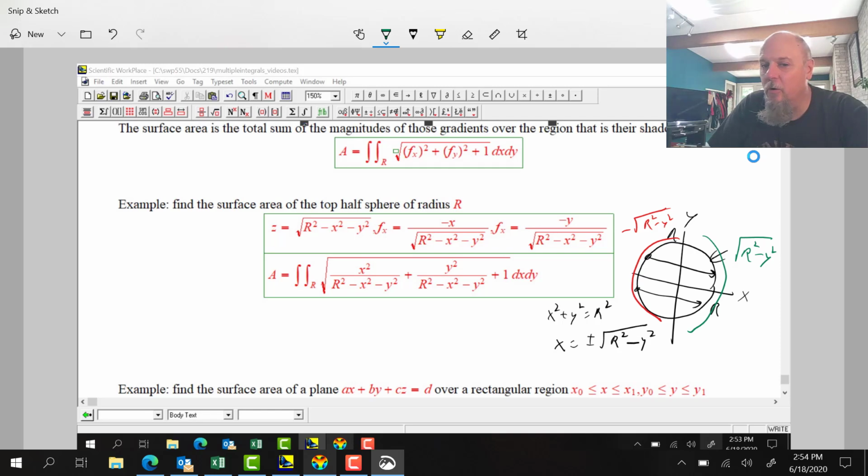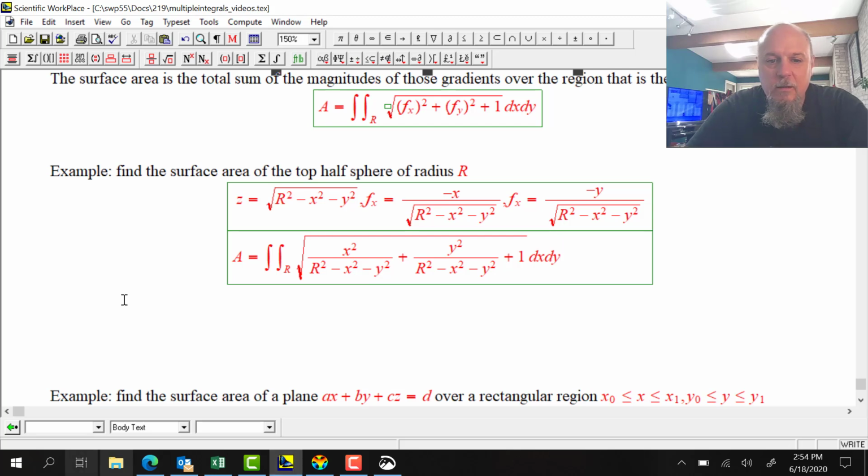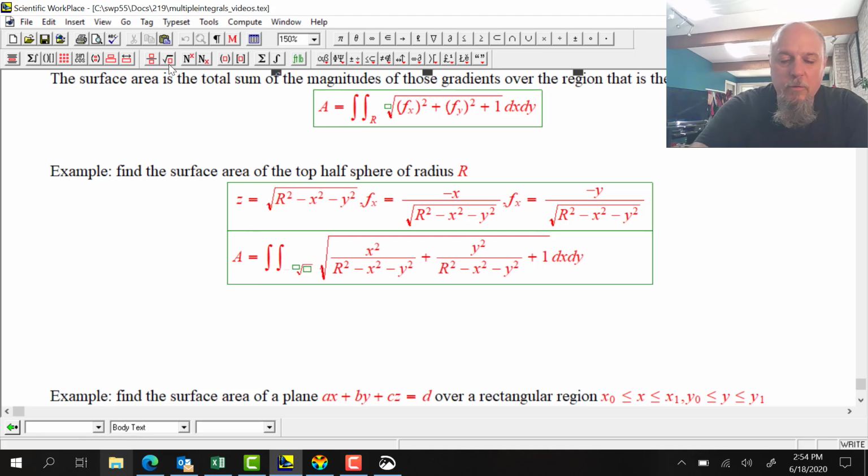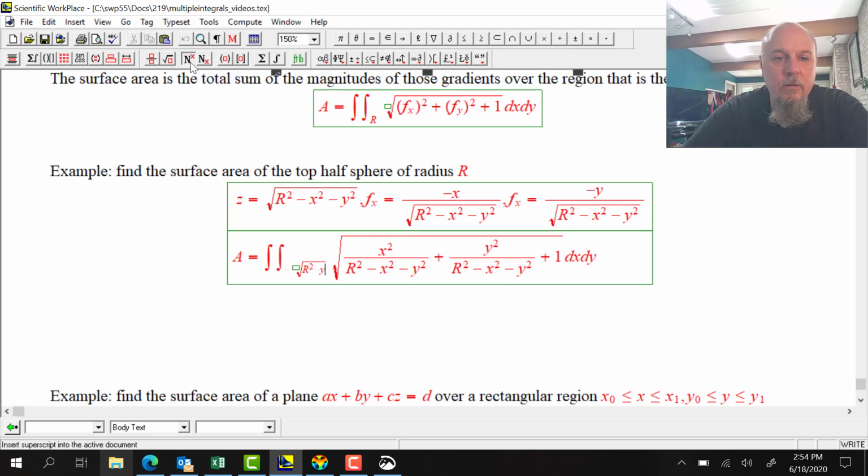Now we could start at 0 and double it, but let's just stick with it. Then the y's are going to be lowest y in the shape, minus r, to highest y in the shape, plus r. Okay, so here we're going from minus the square root of big R squared minus y squared.